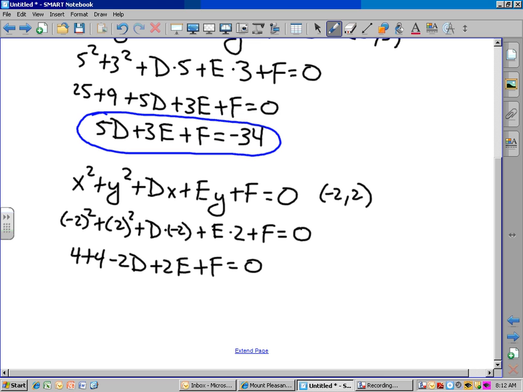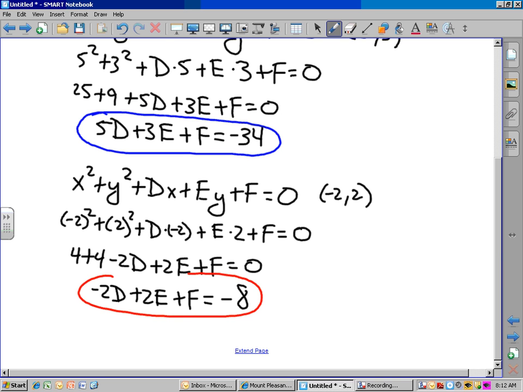No, anything squared is positive. So it'll be positive 4. So we have -2d plus 2e plus f equal to -8. Right? Yes? Do you get what I'm doing so far?